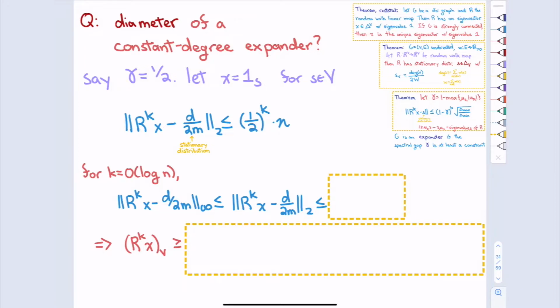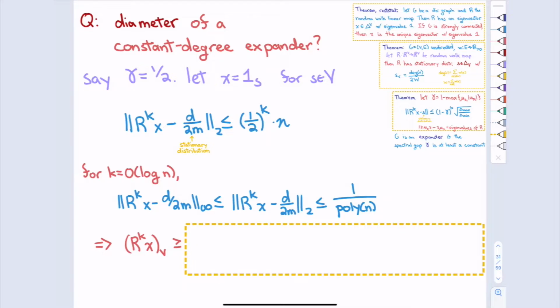If I set k to be log n, so I'm taking log n steps, then this becomes upper bounded by, or better yet, 1 over poly n.